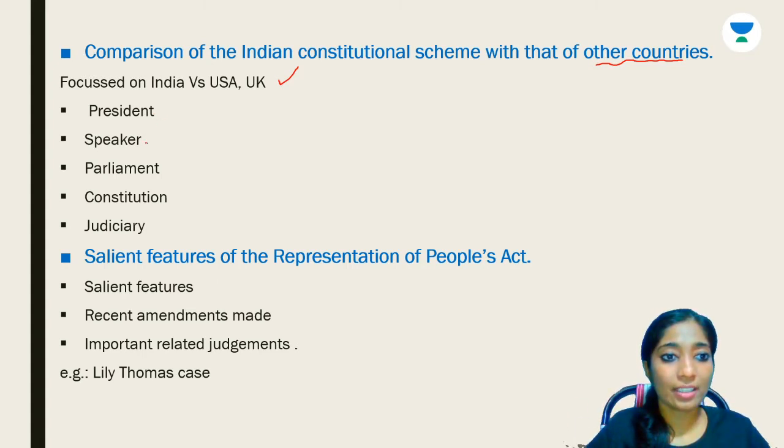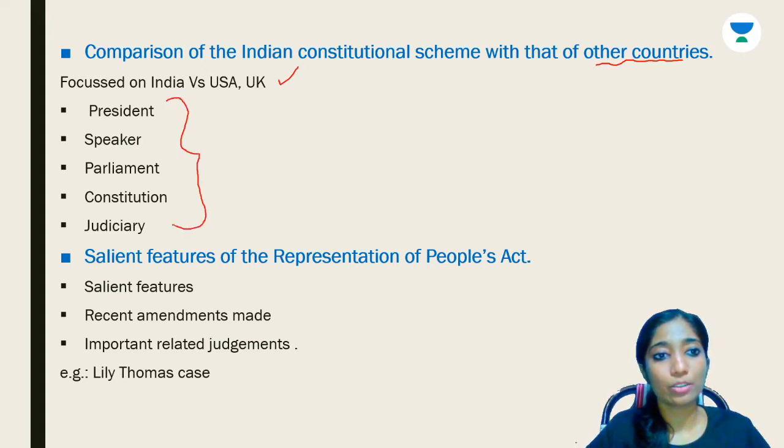Then about speaker, then parliament, what kind of parliament they have, what kind of parliament we have. Then the constitution, then judiciary. In terms of all these aspects, I made notes on differences and similarities between the Indian and US, UK constitutions.